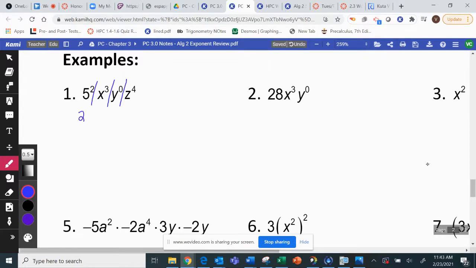So 25, x cubed, there's nothing to do to that. Y to the 0 is 1, and z to the 4th. They're all being multiplied. So if I multiply this y value, I don't have to show it because 1 times anything is that same thing. So this one, we've got 28 x to the 3rd multiplied by 1. So just 28 x to the 3rd.